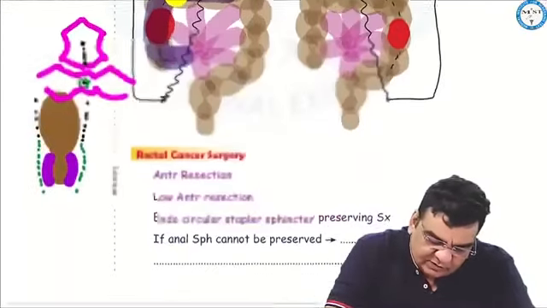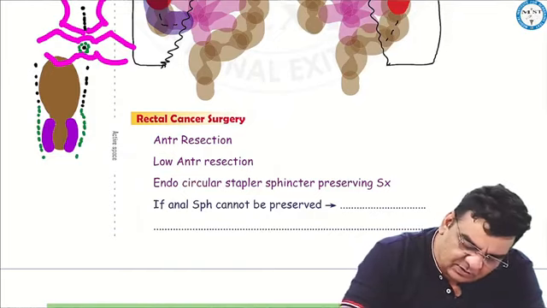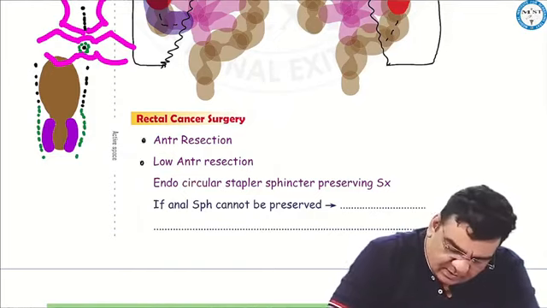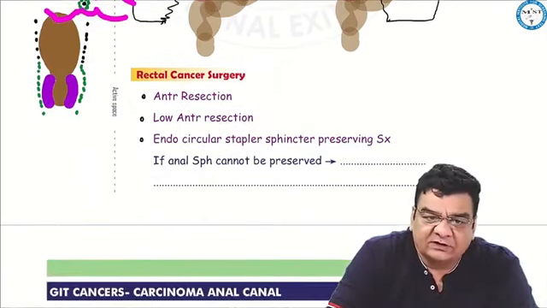Right. So in rectal cancer surgery, beta, we have the options of doing an anterior resection, low anterior resection. We can do an endoscopic circular stapler sphincter preserving surgery.